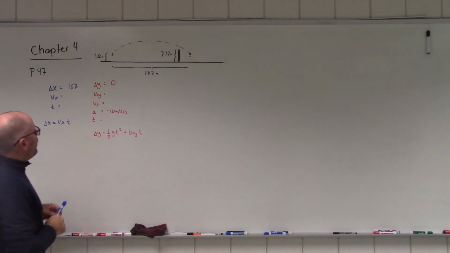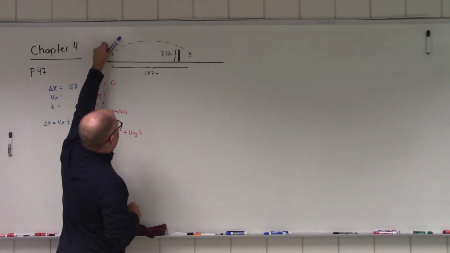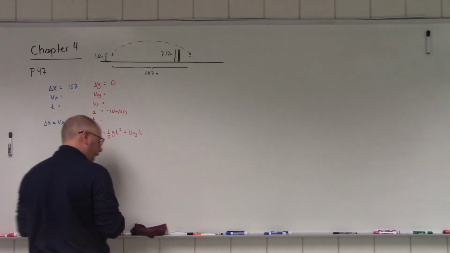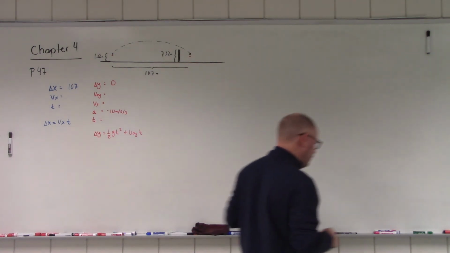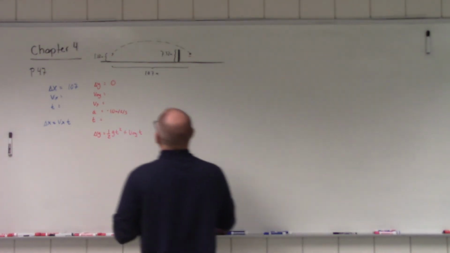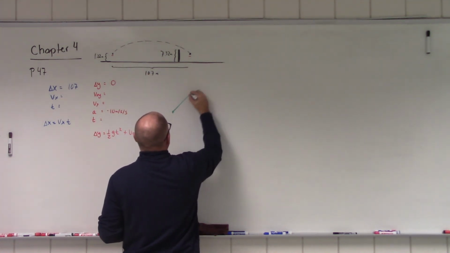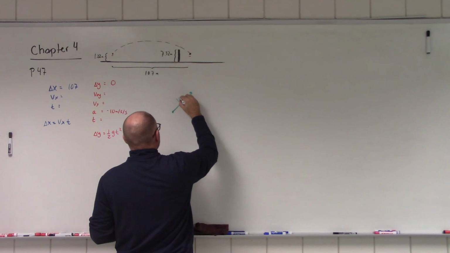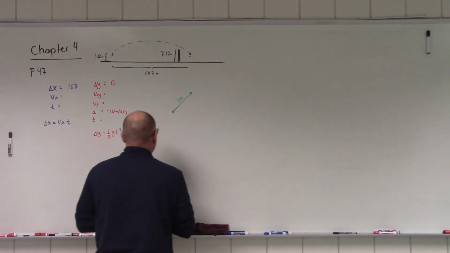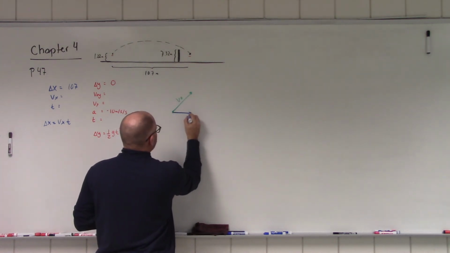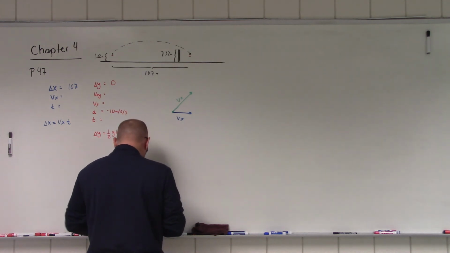The thing that I know is that this ball is launched at a 45-degree angle. So if I look at that, okay, I'll bring it down here. So it's launched at a 45-degree angle. So this is the V0. What's that telling me about the Vx and the V0y then?